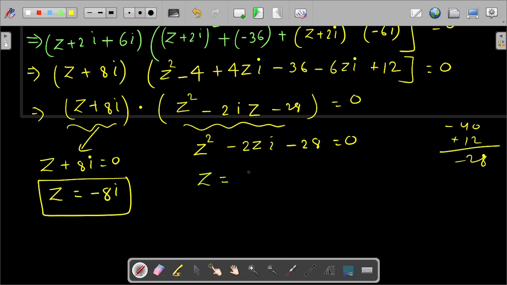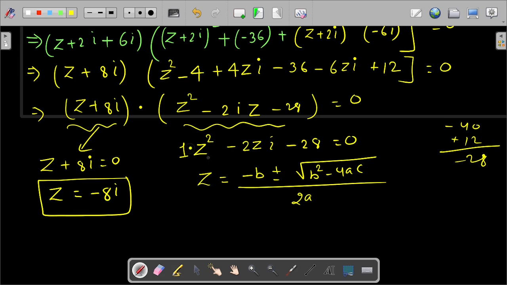So what will be z? z is equal to, the formula is minus b plus minus under root b square minus 4ac upon 2a. So from this expression a is 1. So what is b? b is basically minus 2i. So minus of minus 2i, this plus minus under root b square. So b is minus 2i. When we do the square, this minus 2 squared will be 4, and this i square again minus 1. So this is minus 4.